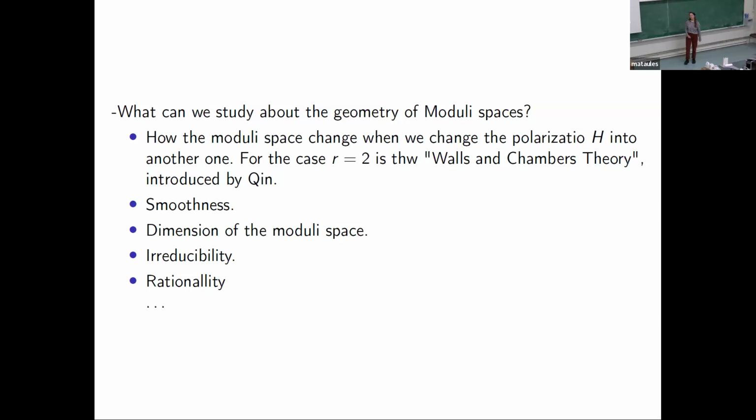This theory studies whether or not the moduli space changes when we change the polarization, that means the ample divisor. We can also look at the smoothness of the moduli space, its dimension, and also things like reducibility or rationality. These things will give us information about the variety X.